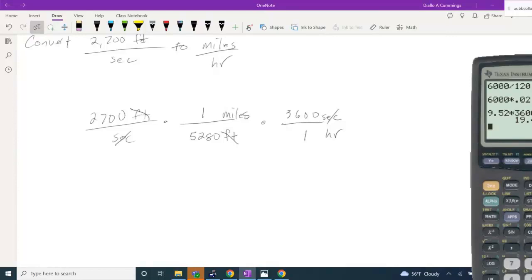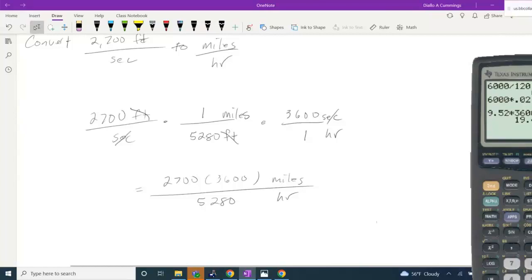So now we're going to multiply all of our numerators. So that's 2,700 times 3,600 miles divided by 5,280. And our unit we're left with in the denominator is hours.